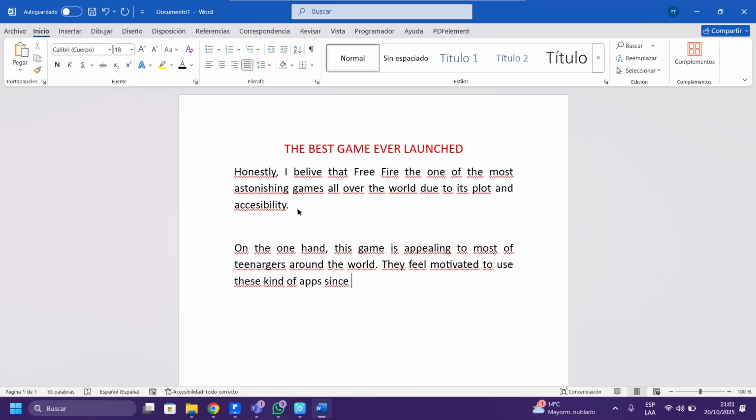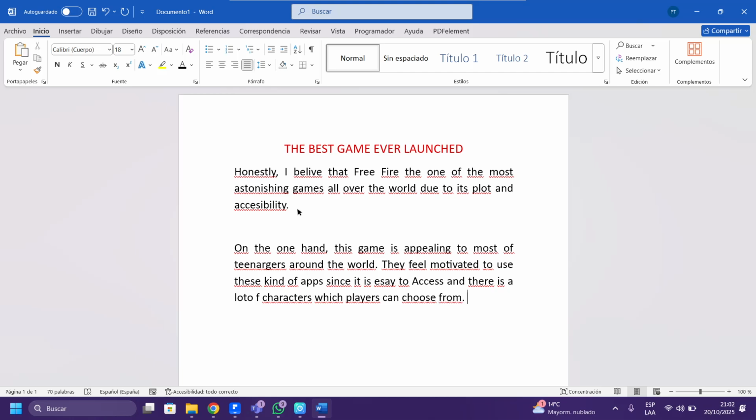First of all, just a fact, this game is free, so you don't have to pay for it. Since it is easy to access, and there are a lot of characters which players can choose from.